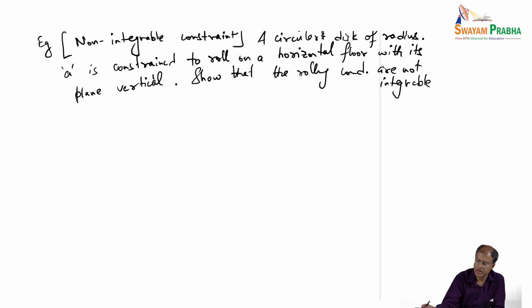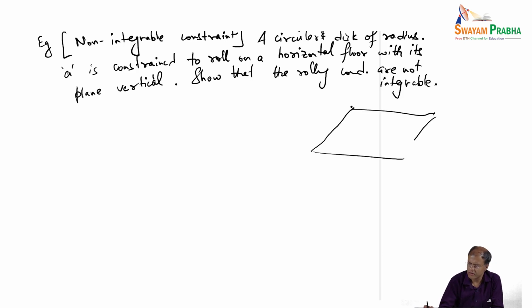Okay, so this is another example that we look at for the circular disk case again. So let us try and draw the diagram, that way it will be easier for us to visualize. So let us say we have this disk which is rolling on a plane, and let us also fix the frame of reference.